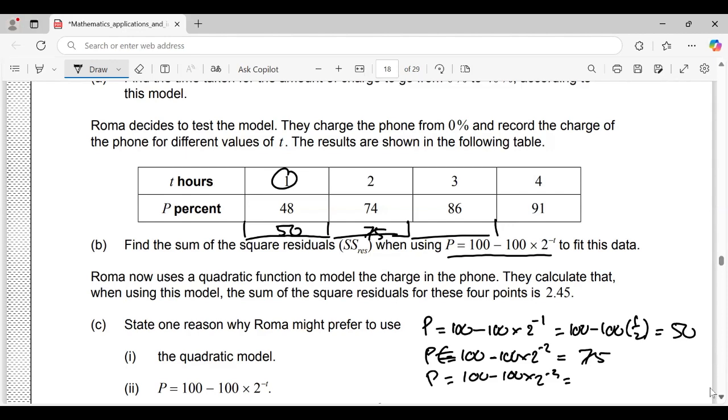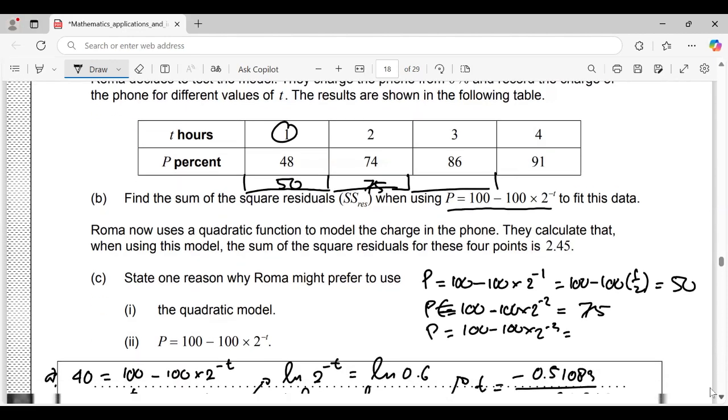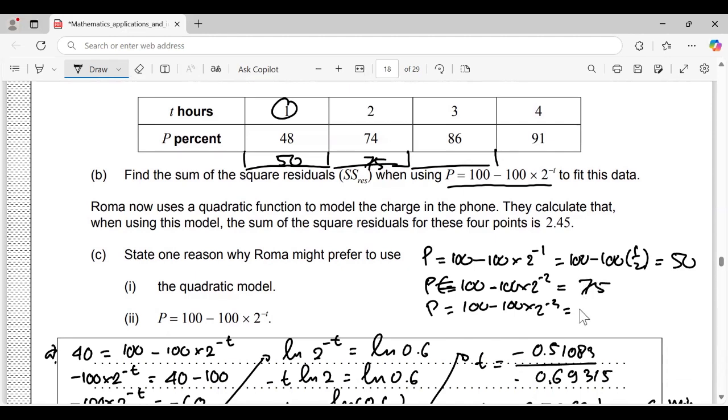I have calculated, the result is 87.5. And if t is 4, I have calculated that this is 93.75.